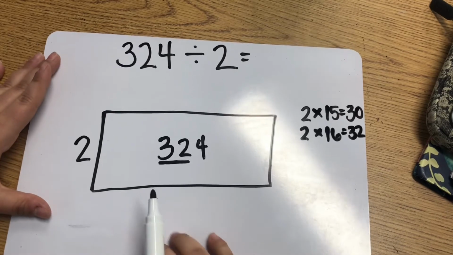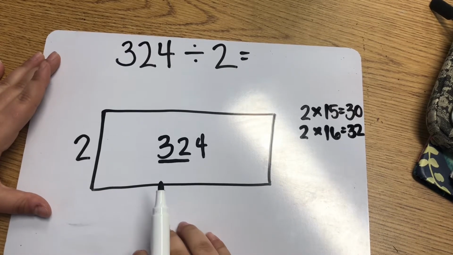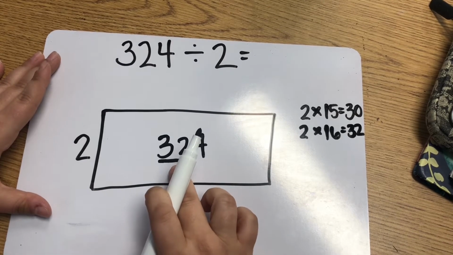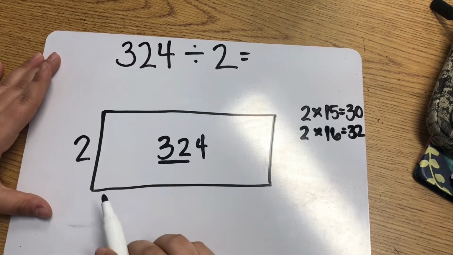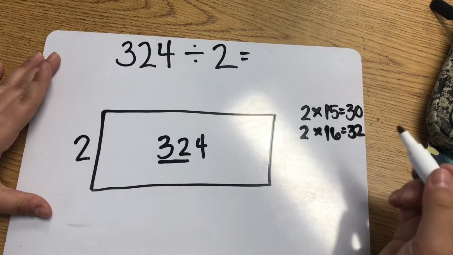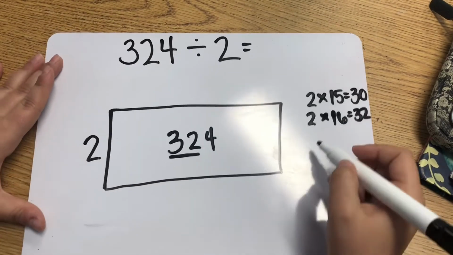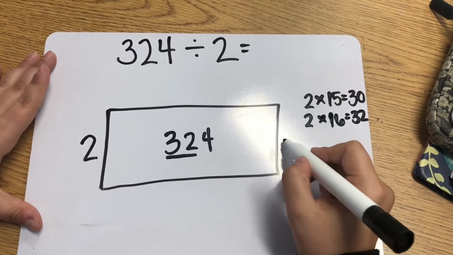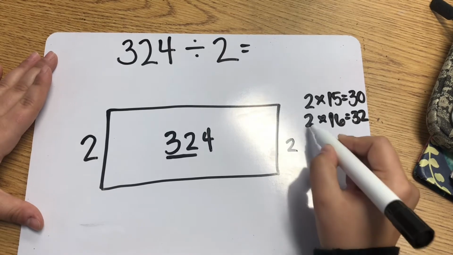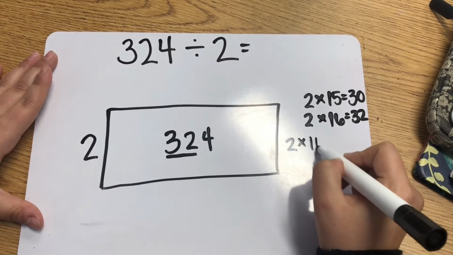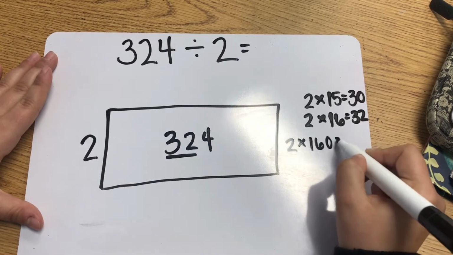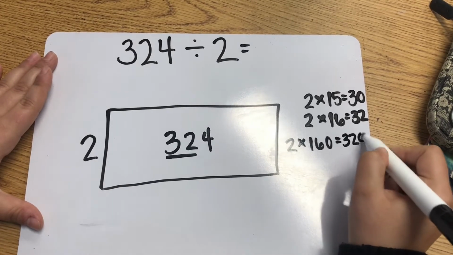So this is where place value becomes really important, because I'm not just trying to get to 32, because my 3 is in my hundreds place and my 2 is in my tens place. The number that we're actually seeing is 320. So I know that if 2 times 16 is 32, then that means 2 times 160 is 320.